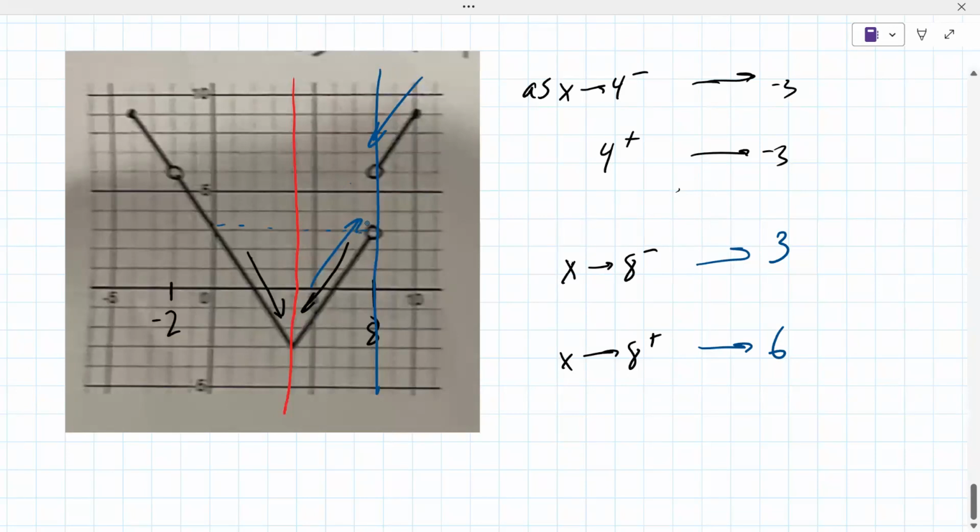I wasn't sure if it was the open or the closed dot that we were supposed to be looking at. But where it's 8, it's as if we're coming at it from the right, from the left. It's like you go until there's nothing else there. What's there is 6 from the left. From the right, what's there is 3.